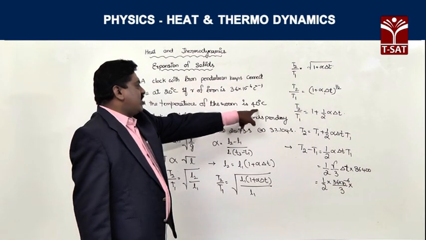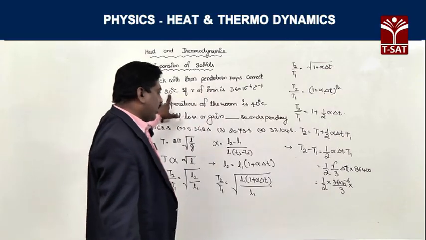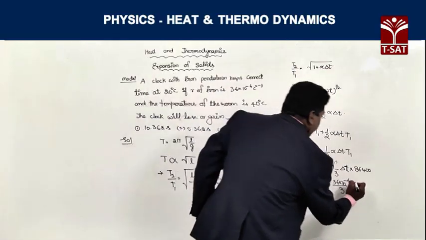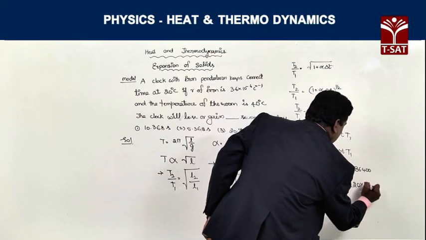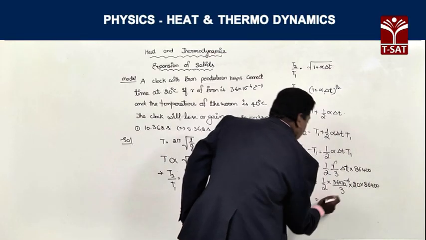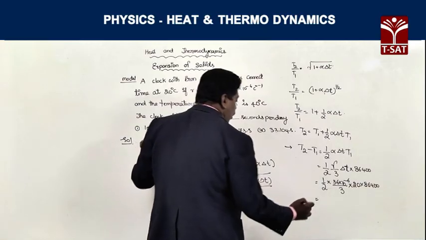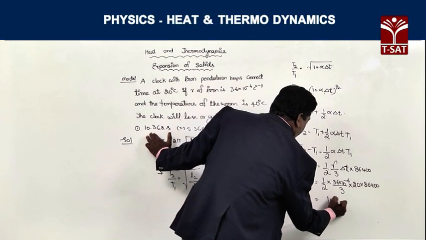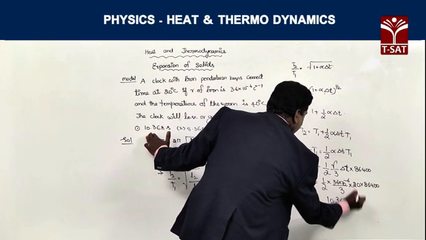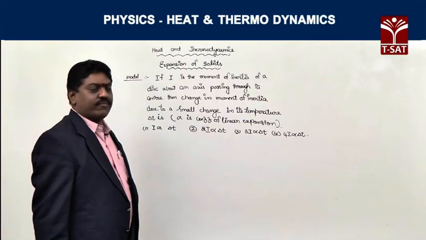Here room temperature is 40 and correct temperature is 20. So, 40 minus 20 is 20 into 86,400 seconds. On simplifying this part, we have the value as 10.368 seconds.